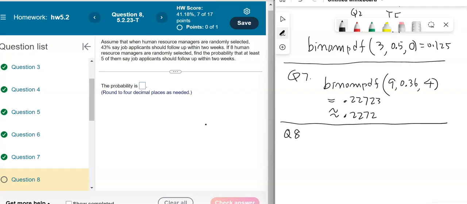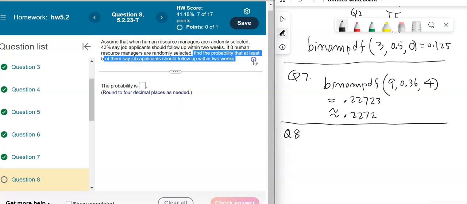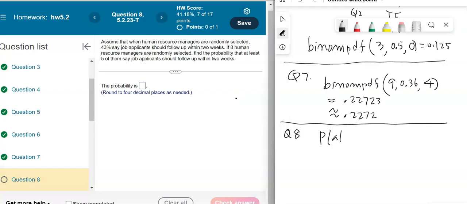Assume that when human resource managers are selected, 43%. Find the probability of at least 5 of them. So this is the probability of at least 5.